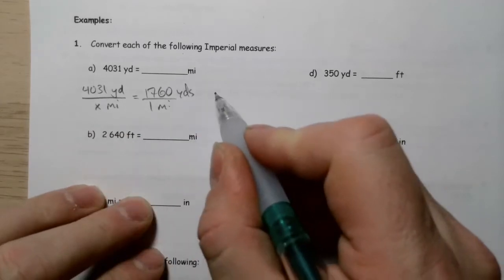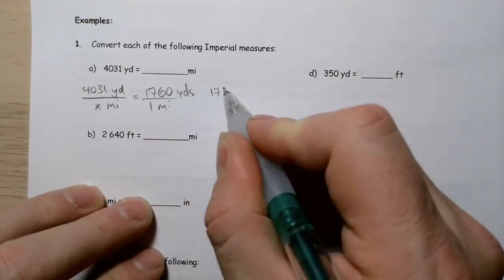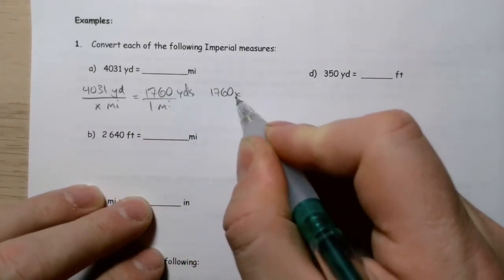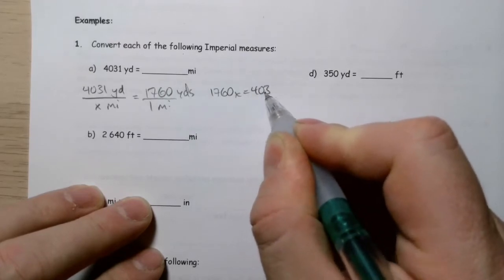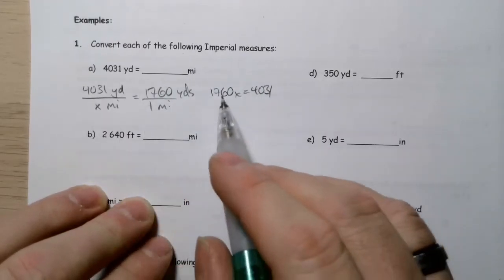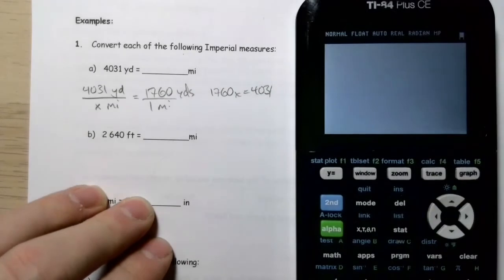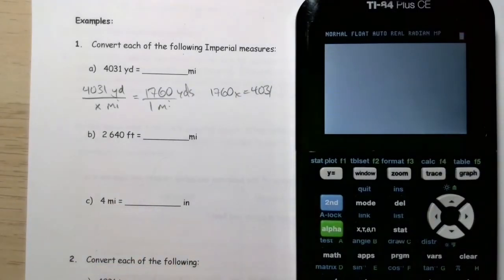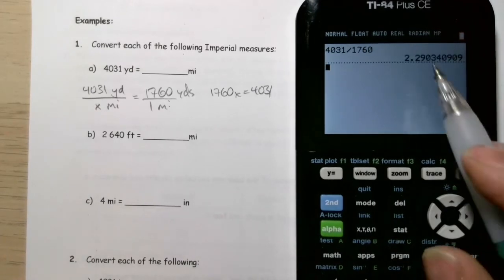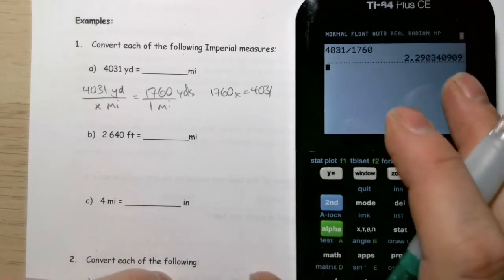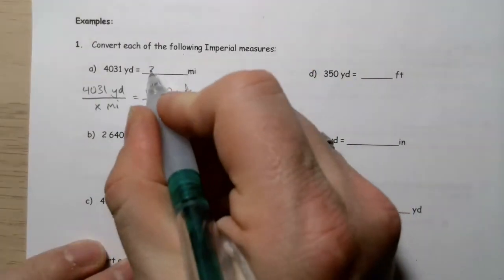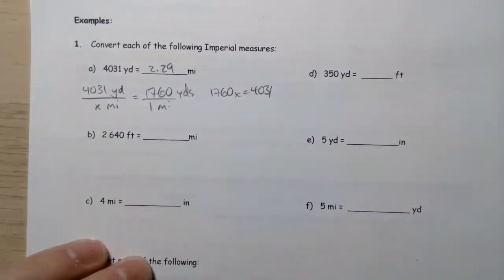X times 1,760 is going to equal 4,031 times 1. Then I divide, so I pull out my calculator. 4,031 divided by 1,760, and I get 2.29. So 2.29 miles.